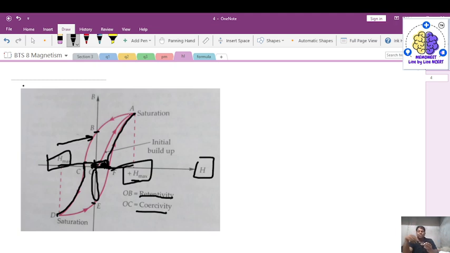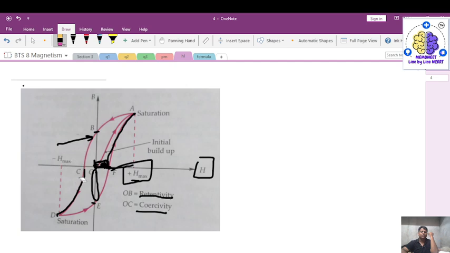Now, when I increase the intensity of the magnetizing field in the reverse direction, what will happen? The magnetic substance which got magnetized to a certain extent will start demagnetizing, and after some intensity of the externally applied magnetic field, it will get completely demagnetized, which is the point C in the hysteresis loop over here, right?